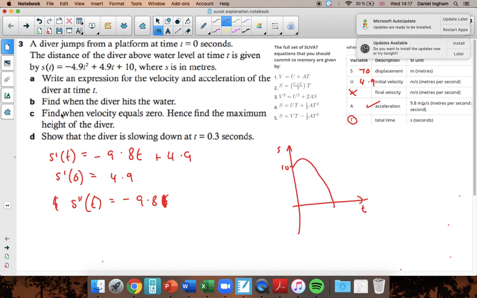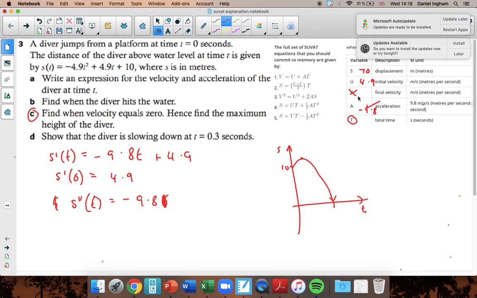And I think in this question here, you're actually finding the maximum height. And therefore, if you think about the initial velocity is positive, right? He's traveling away from the water, but the acceleration is negative 9.8 because he's traveling towards the water. All right.